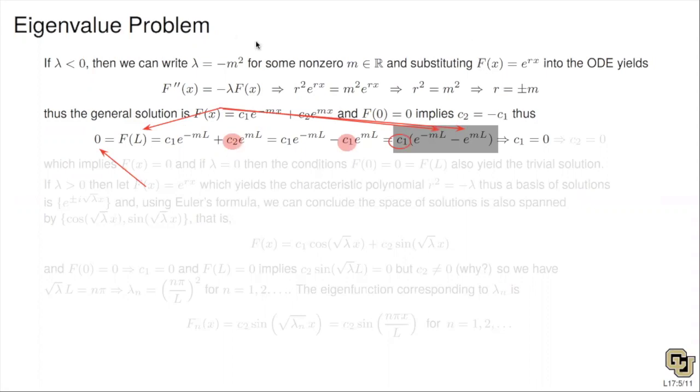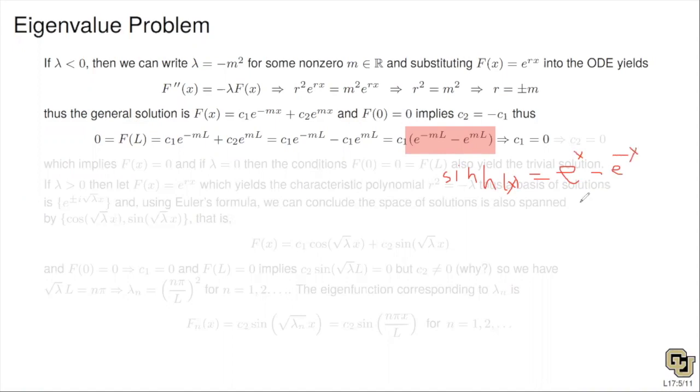So this function, we've talked about it before. You can actually write this as a sinh. You remember the hyperbolic sine: sinh of x is e to the x minus e to the minus x, over 2.